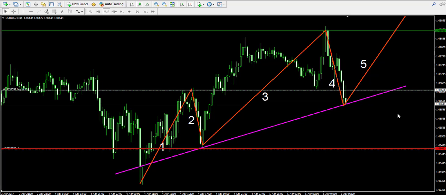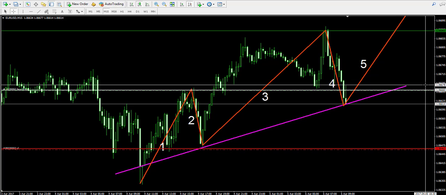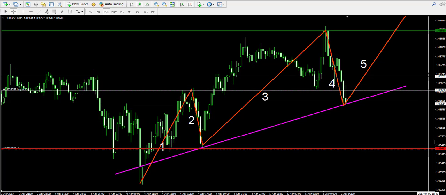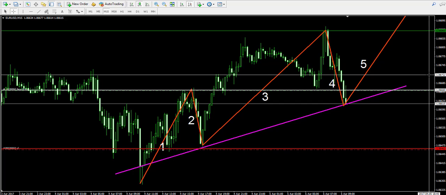All right, now let's do some brief calculations. So if we accomplish the first target, we will account for a profit of 20 pips, which is 0.0020. When we divide 0.0020 by the entry point, which is 1.0666, we get 0.001875.